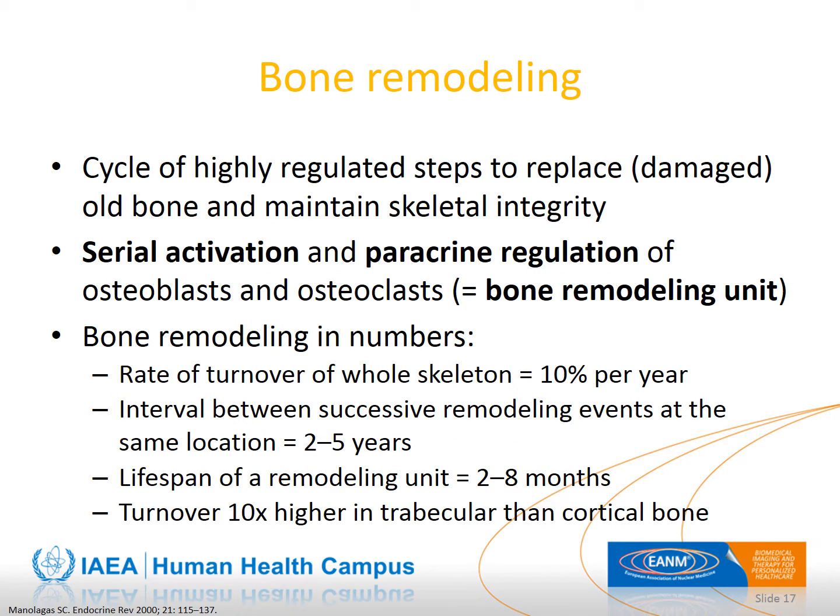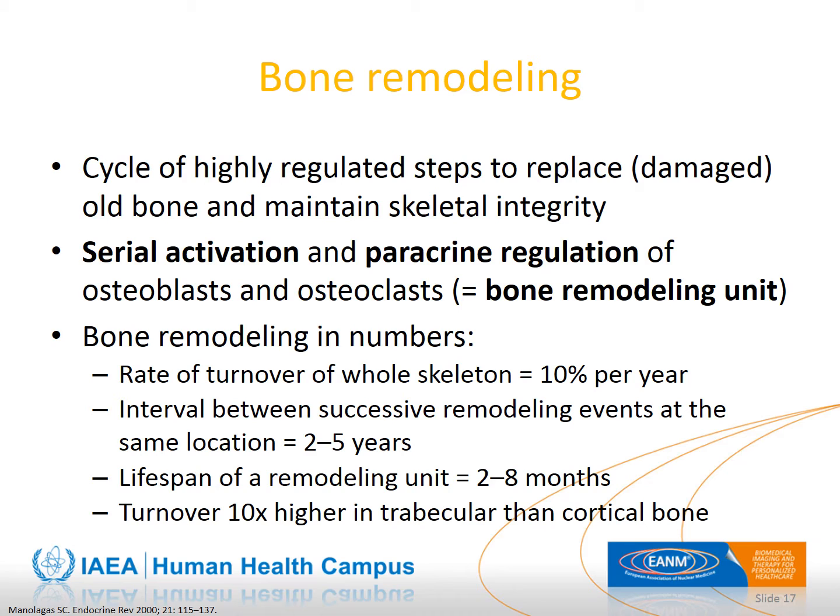As introduced earlier in this talk, bone remodeling primarily serves the purpose of replacing damaged old bone and to maintain overall skeletal integrity. This is accomplished through regulated cycles of serial activation and paracrine regulation of osteoblasts and osteoclasts in what we call a bone remodeling unit. Some interesting numbers about bone remodeling.